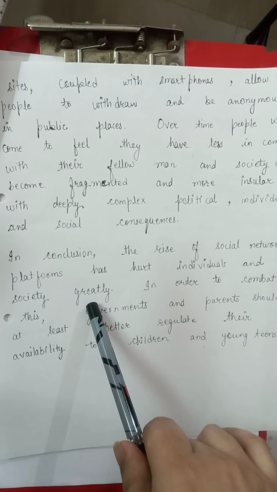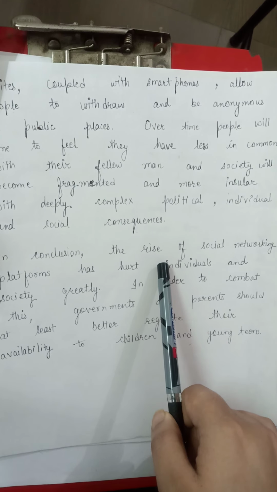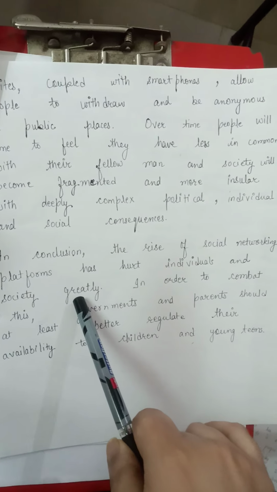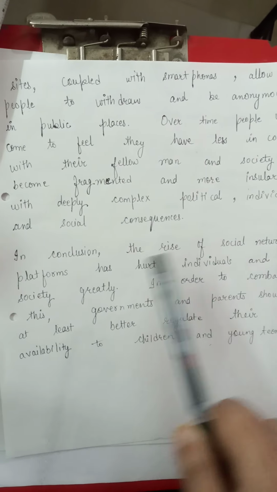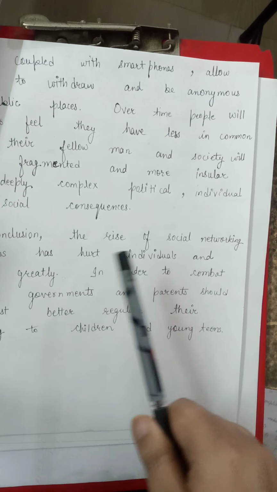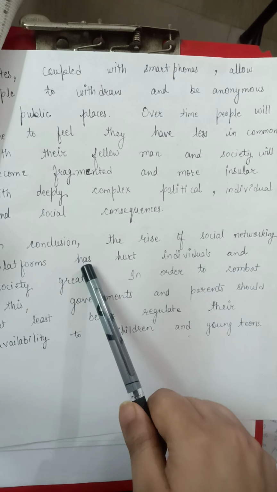In conclusion, you would write the same topic in other words, and then give your opinion. In conclusion, the rise of social networking platforms means websites has hurt individuals and society. Yes or no? Same thing I have written.